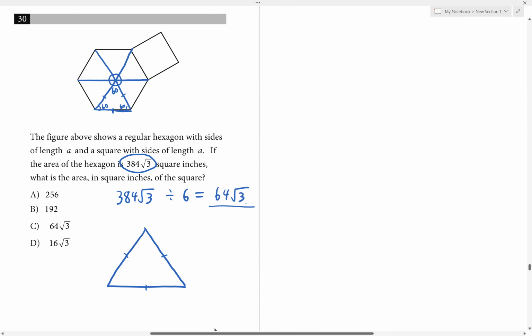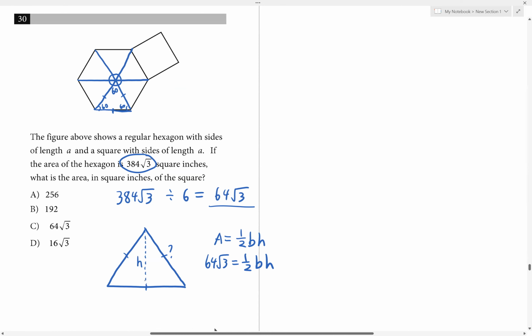Remember, our goal is to figure out the side. First, the area formula for a triangle is 1/2 base times height, and we know the area is 64 square root of 3. If we split this triangle right down the middle, this will be the height of the equilateral triangle.